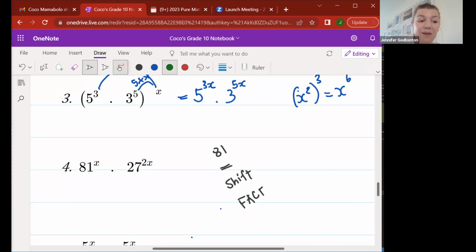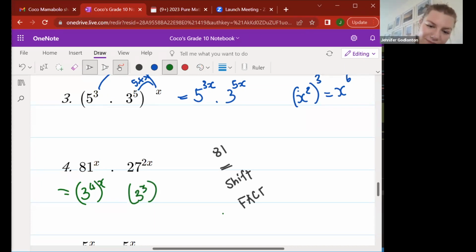As a prime base, 9 times 3 absolutely is 27. How can I get it in primes though? Good. Then all we have to do is multiply those two together and those two together.